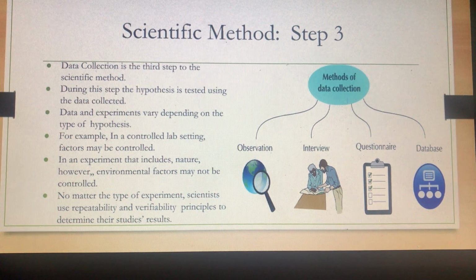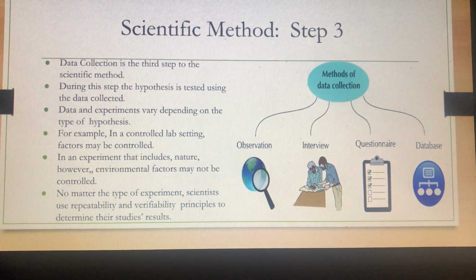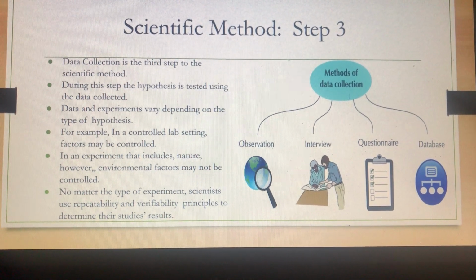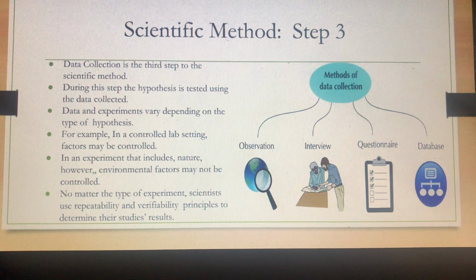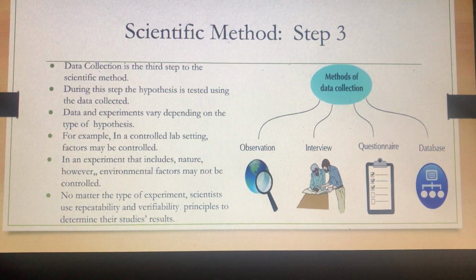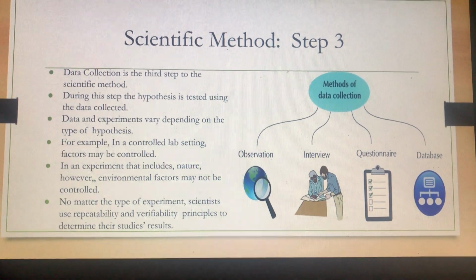In an experiment that includes nature, however, environmental factors may not be controlled. No matter the type of experiment, scientists use repeatability and verifiability principles to determine their study's results.